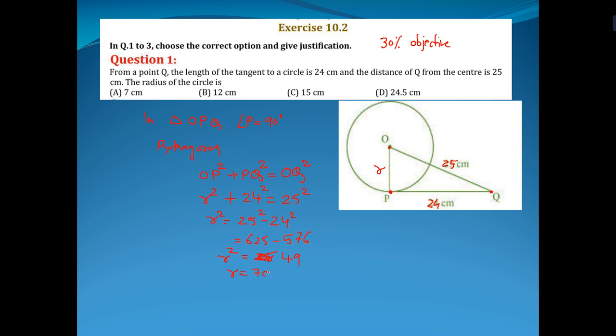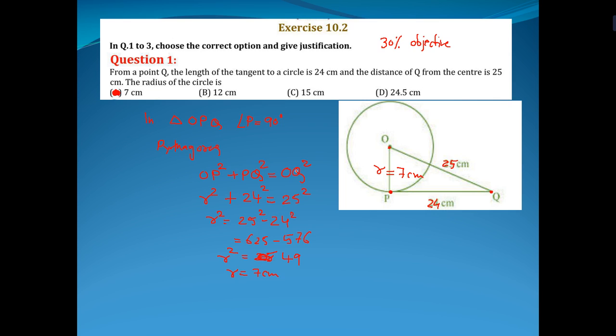Therefore R is equal to 7 centimeter. So the radius is 7 centimeter. So here the option is A. That type of questions are asked in board exams, government exams, even GK based questions, TST exam, NTSC exam, in different exams, that type of sums may be asked.